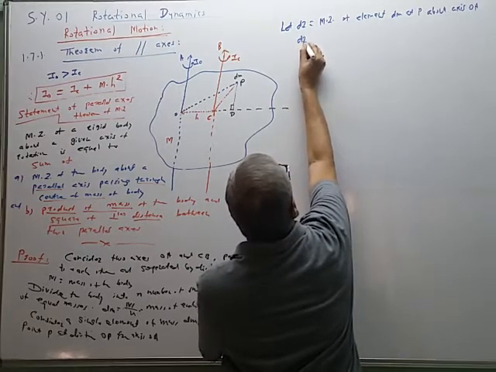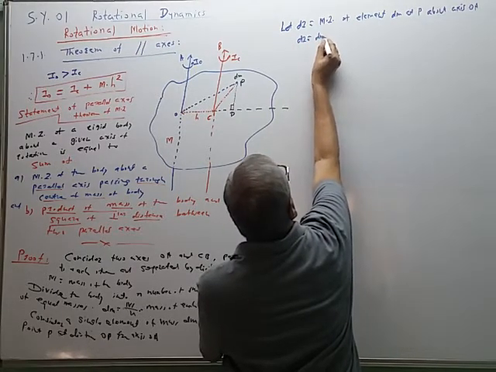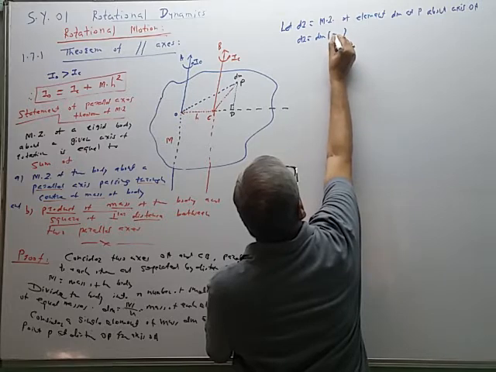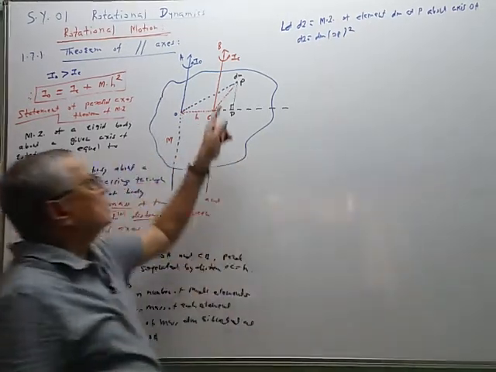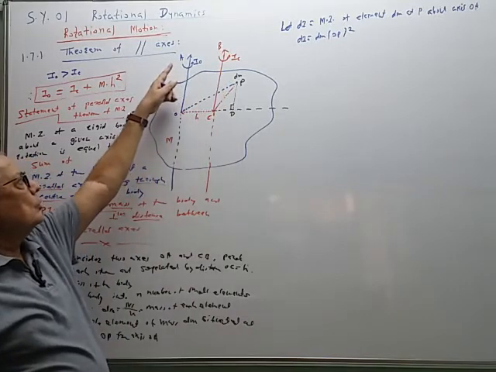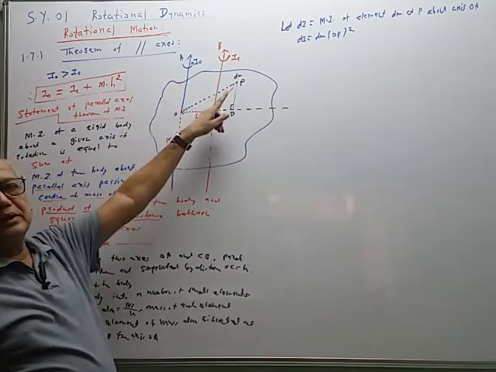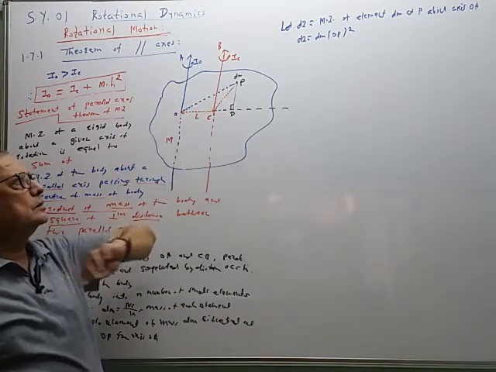Therefore dI is equal to mass multiplied by perpendicular distance OP square. The distance of this element from the OA axis is OP like this.